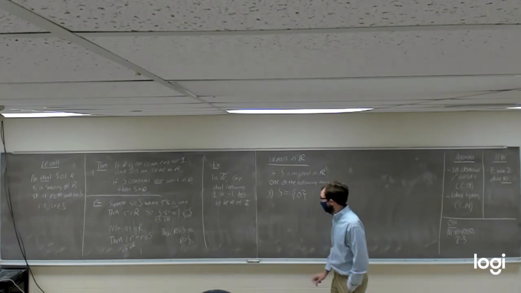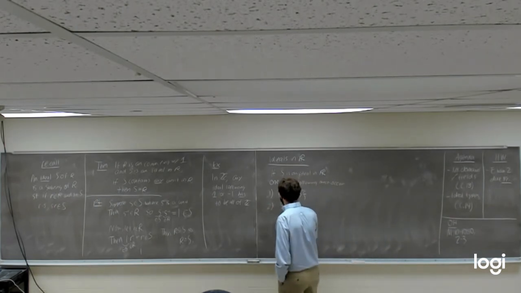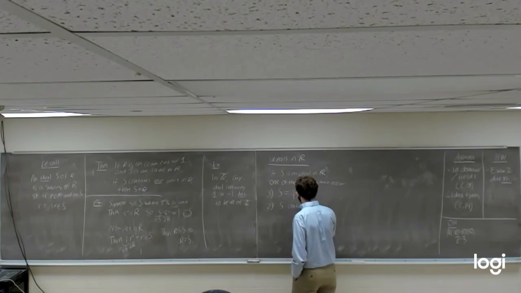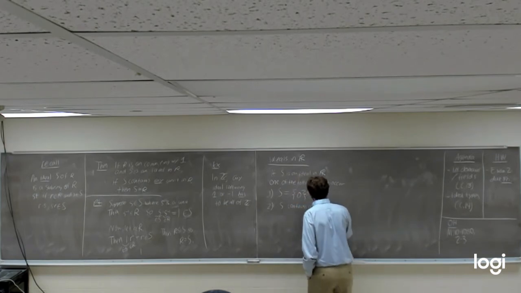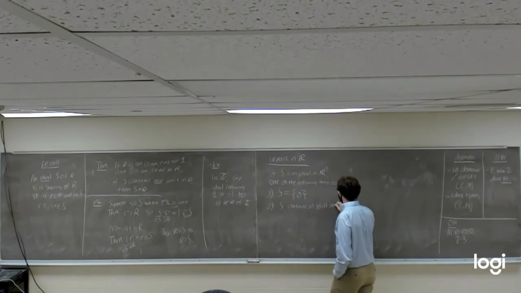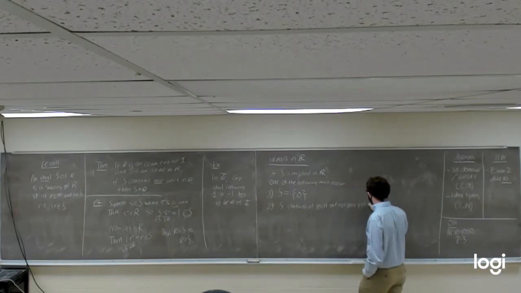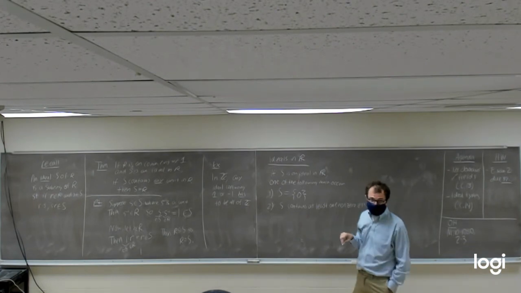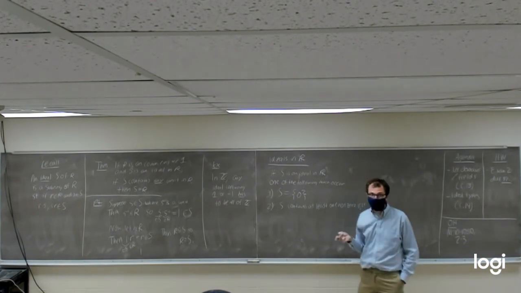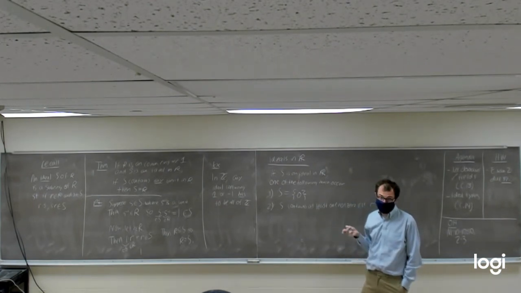S is boring. The other possibility is S contains at least one non-zero element, r. So either S has nothing but 0 in it, or S has at least one element not equal to 0.